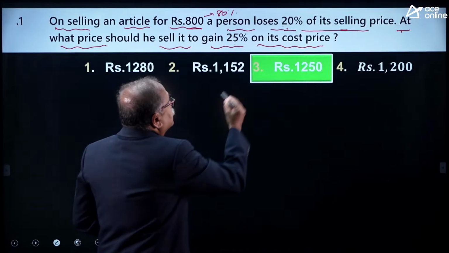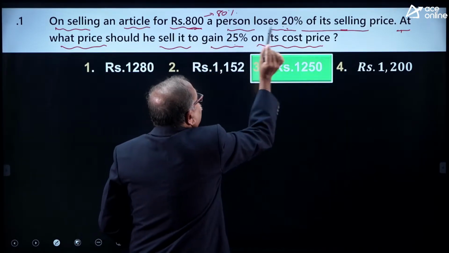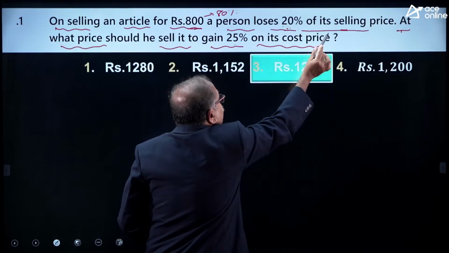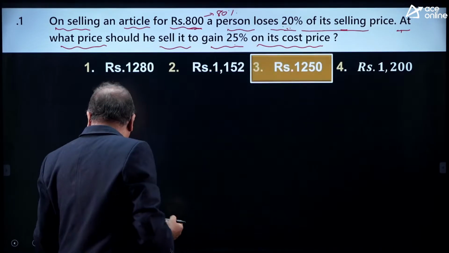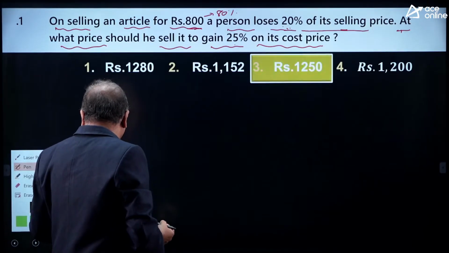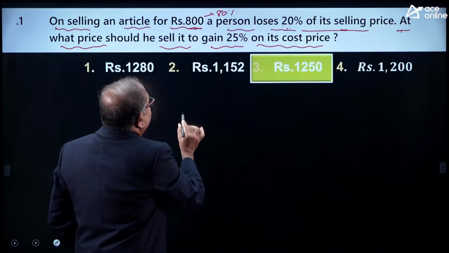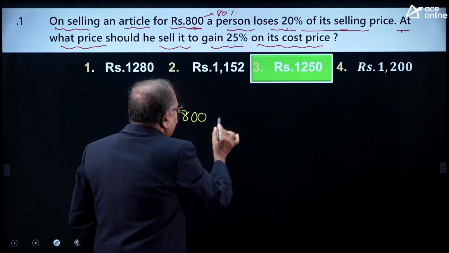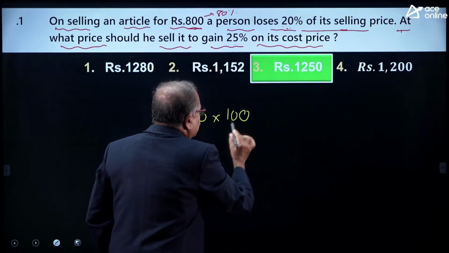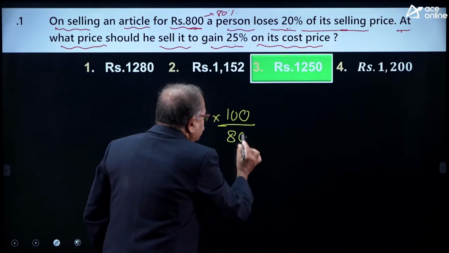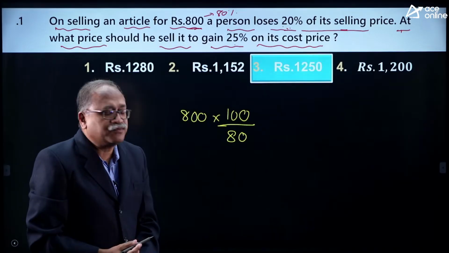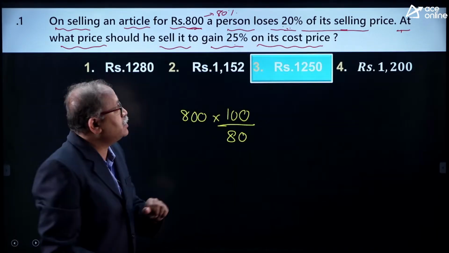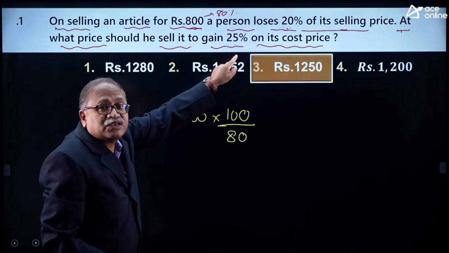Once you understand that the selling price, with the 20% loss on the selling price, is 80%, as we discussed, now I will find out the cost price. So what will be the cost price? That is 800 converted into 100%, divided by 80%. Now this becomes the cost price, and after that you might have done this: I need the 25% profit.